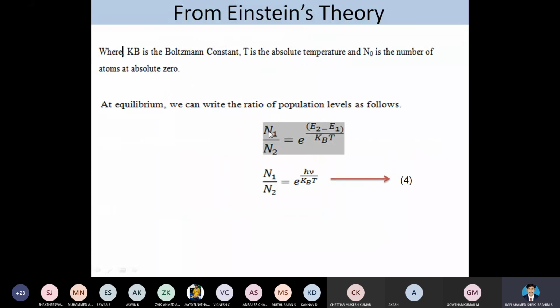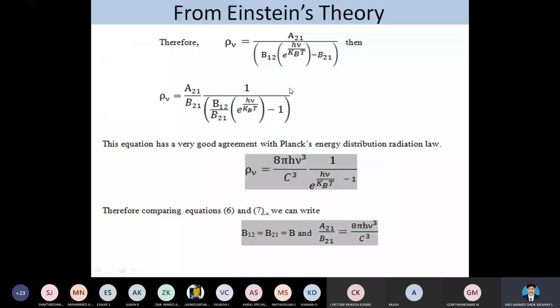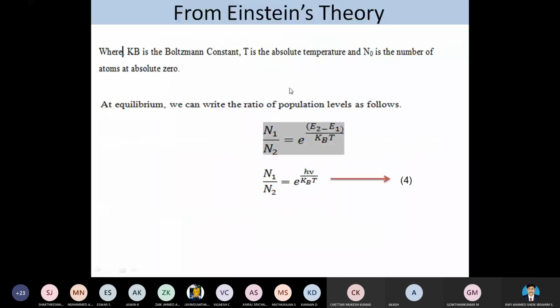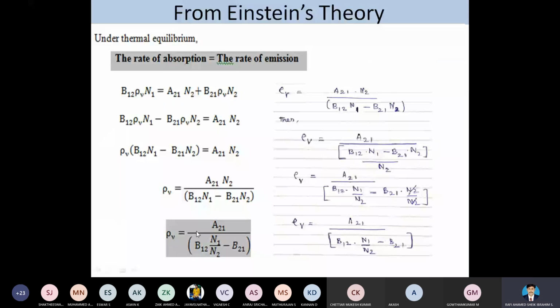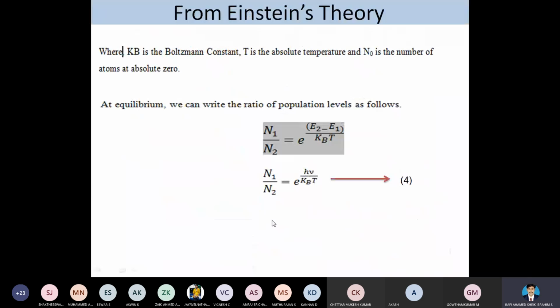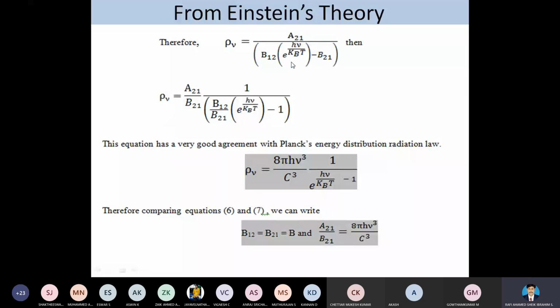Now we know that the ratio of N1 and N2 is equal to e power h nu by kbT. Now substitute the values here for N1 and N2. So in this condition, rho nu is equal to A21 by B12 N1 by N2 minus B21. Instead of N1 and N2, we are going to substitute e power h nu by kbT.